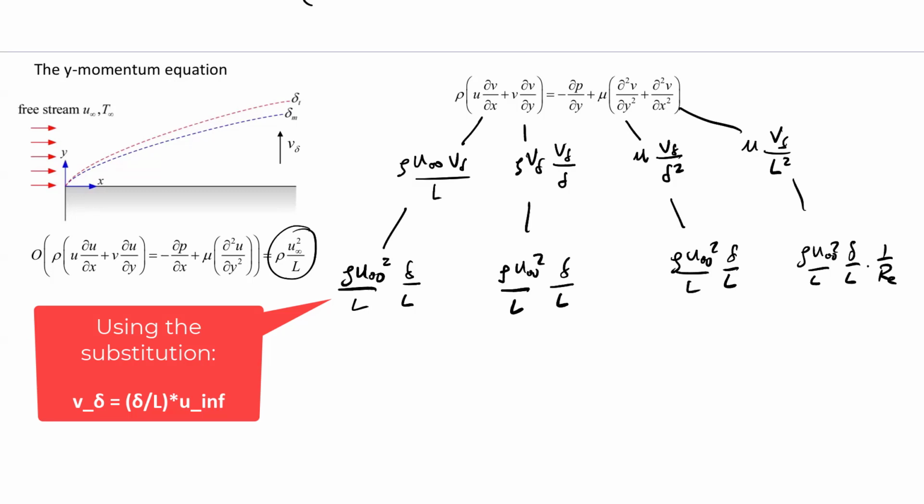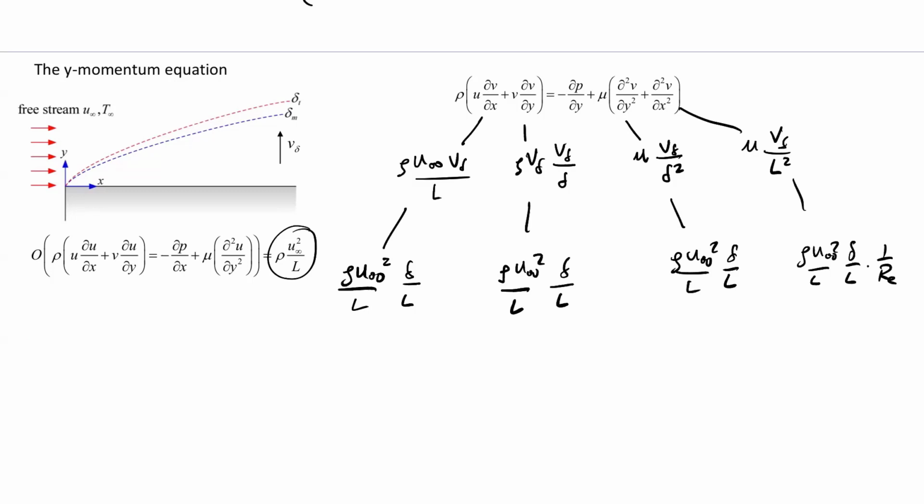So what we want to see here is that this term is a lot smaller than rho u infinity squared over L, because delta is much smaller than L. As we go through and make these simplifications, we see that the first term, the second term, and the third term are all smaller than the x component by delta over L, which is a significantly smaller ratio.